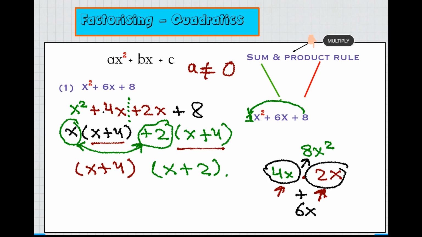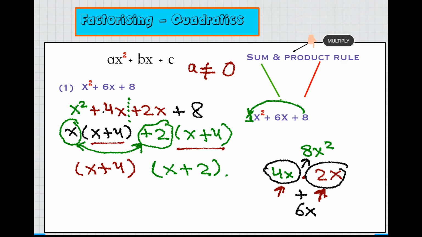So I'm going to explain it to you now a little bit quickly how I did this question. So first, what you need to do is you need to times this number, the c, with x square, which gives us 8x square. Then the next step is the most important step. You need to find two numbers.